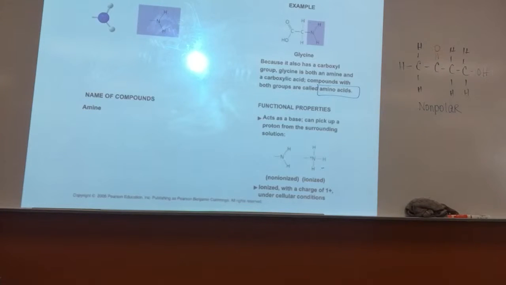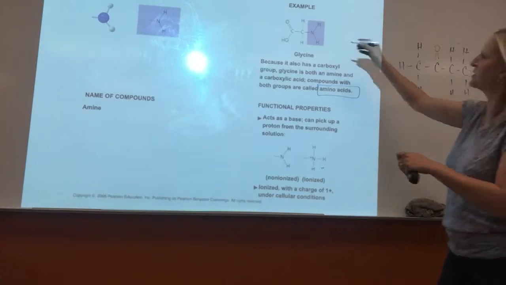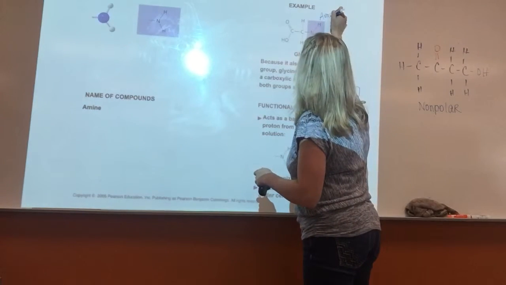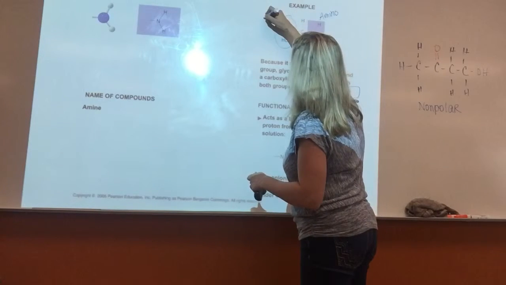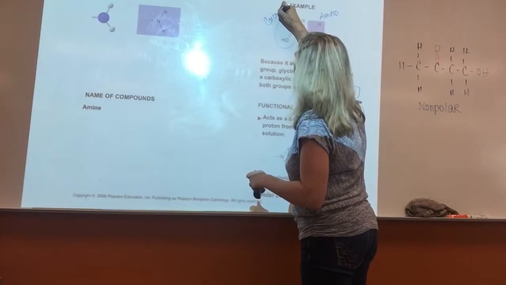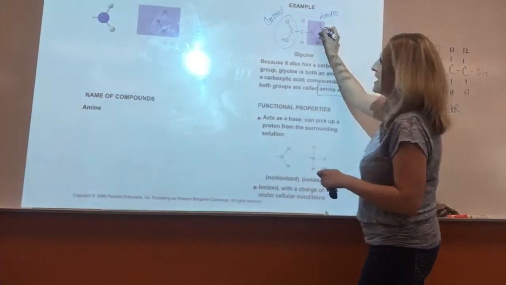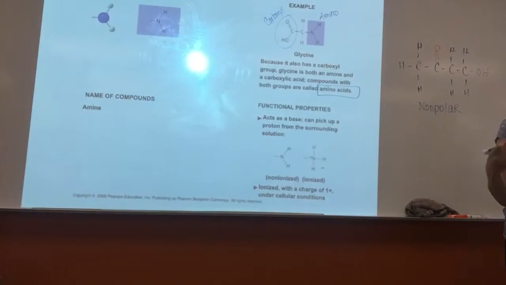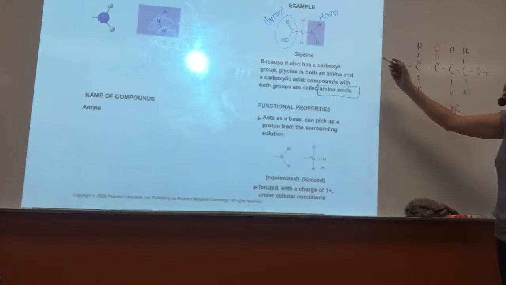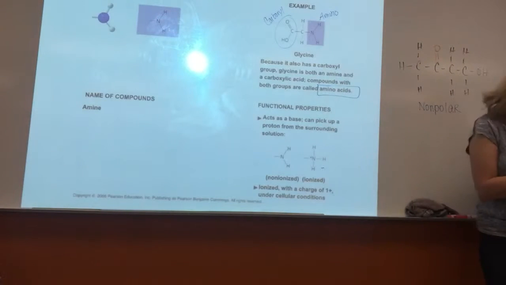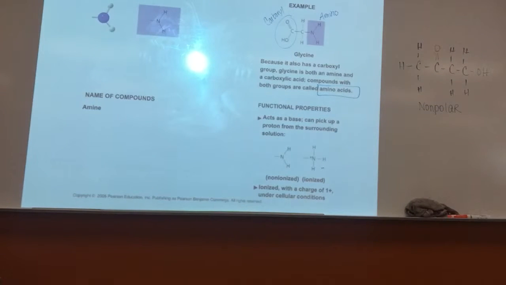So what is the carboxyl group? What does that tell us about this molecule? Yeah, it's an acid. It gives off H pluses. So it's the amino, and then this is the carboxyl group. That's why it's called an amino acid, because it has the amino, and then the carboxyl group makes it an acid. So since we're talking about amino groups here, it acts as a base.